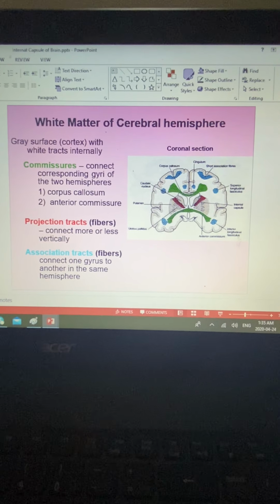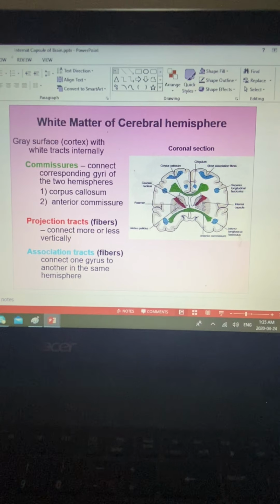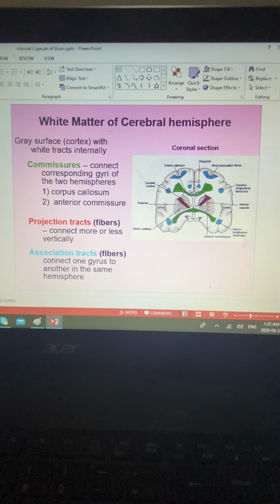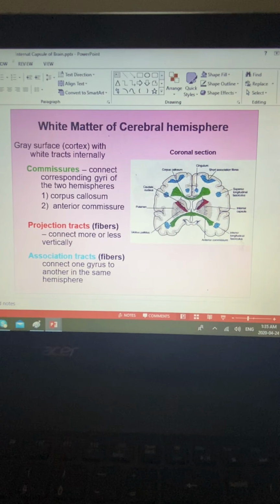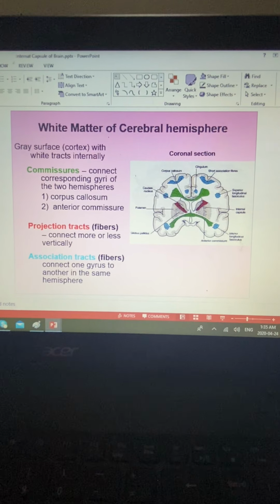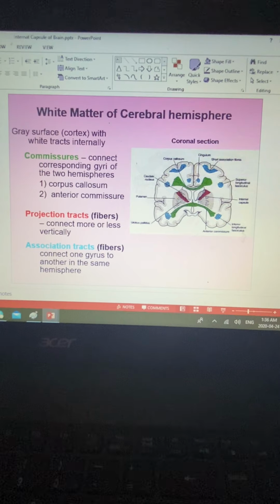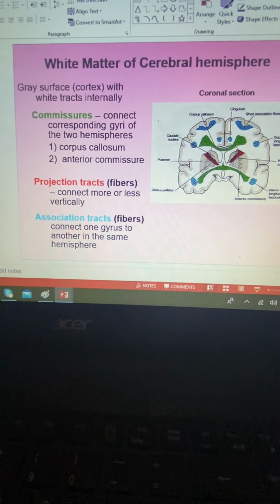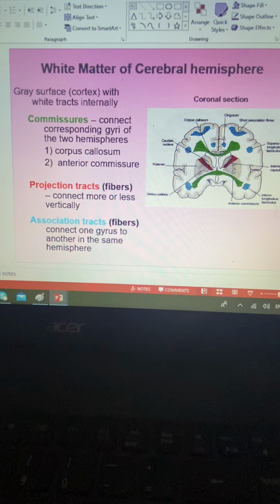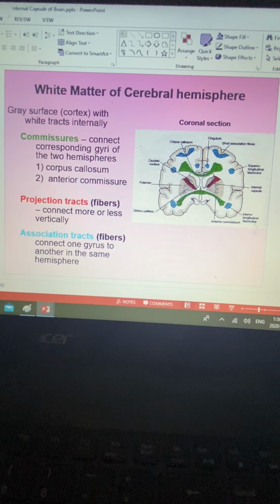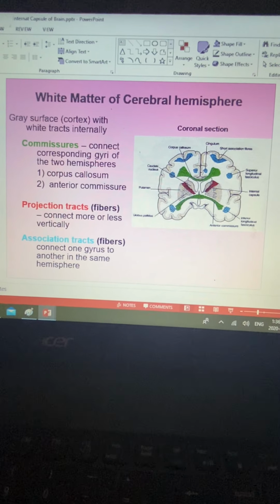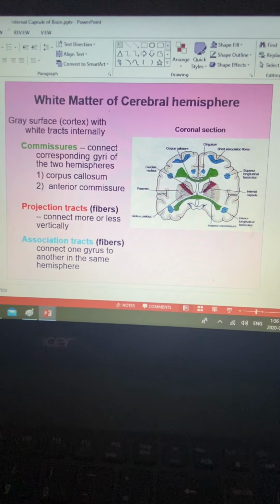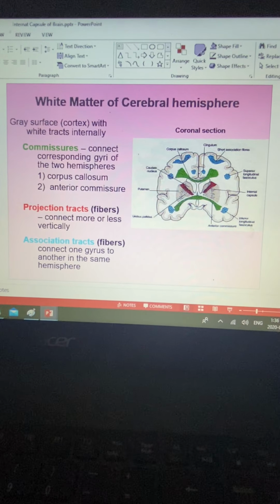In the white matter, we have different types of fibers. The commissural fibers, or commissures, connect the corresponding gyri of the two hemispheres. One of the biggest and largest commissures in the cerebrum is the corpus callosum.